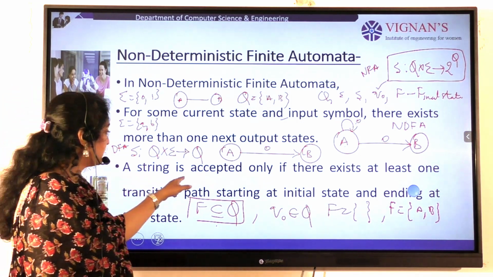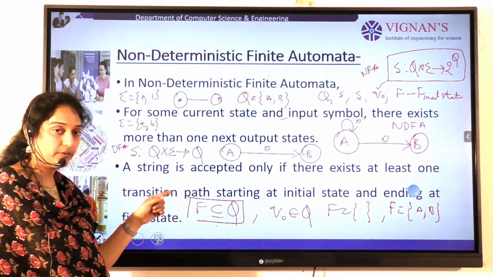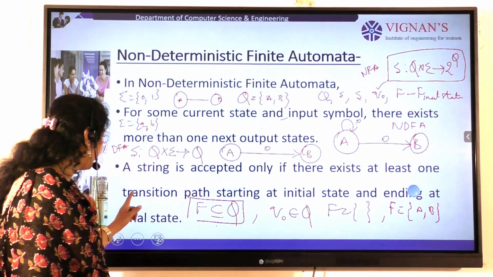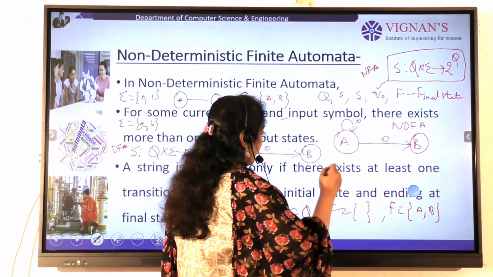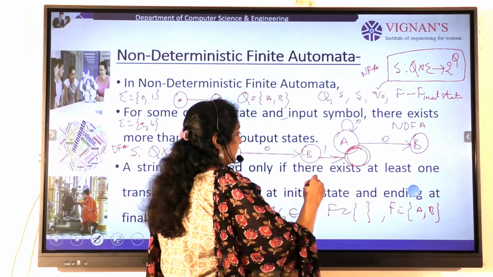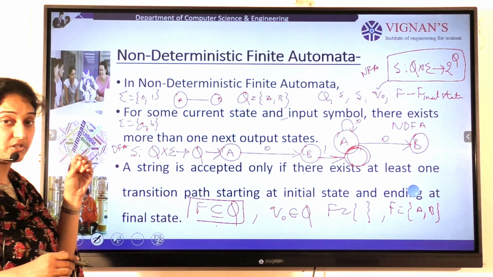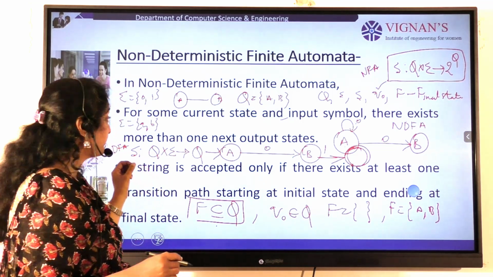Here a string is accepted only if there exists at least one transition path starting at the initial state and ending at a final state. So from the initial state to the final state, there must be at least one path existing. Then only can we say that the particular string is accepted by the finite automata.